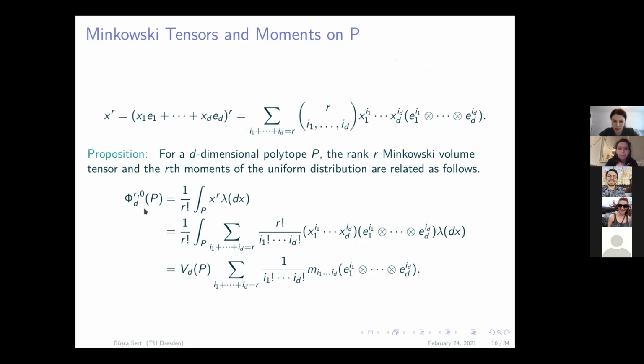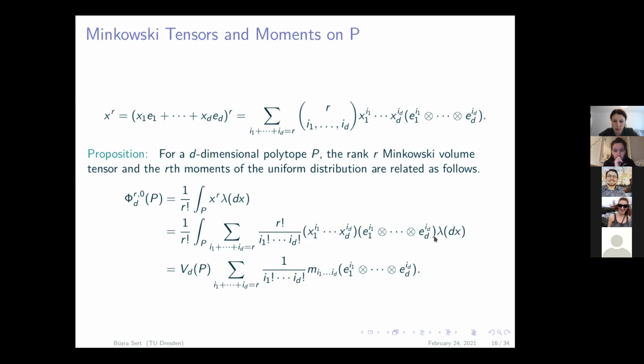Once we express our tensor like that, we can rewrite the expression of the Minkowski volume tensor by writing our rank R tensor as we described here. So we can write it like that. Considering these monomials, this integral with the Lebesgue measure will actually be the moments.